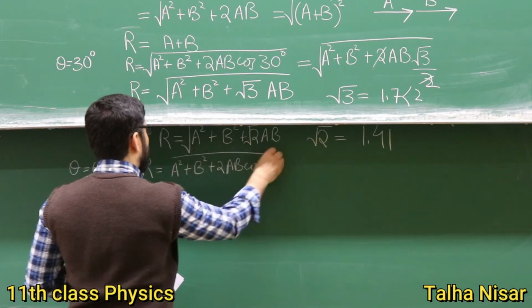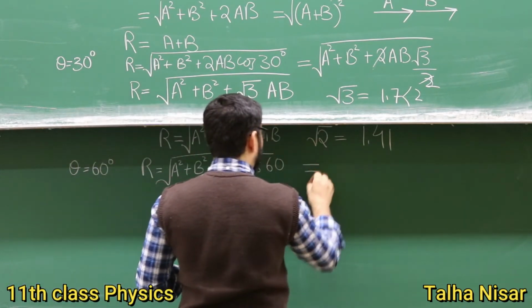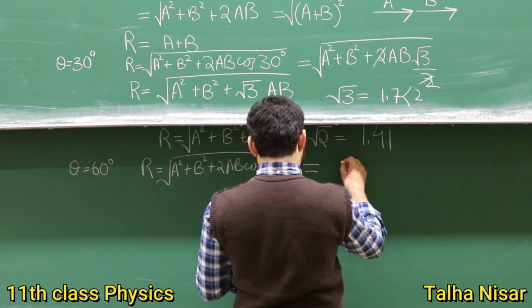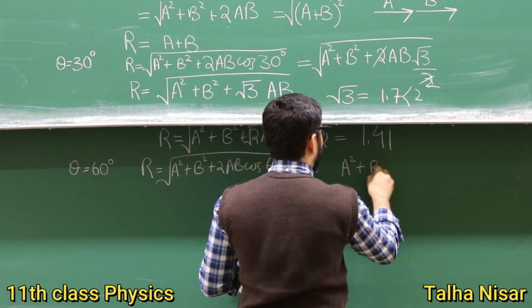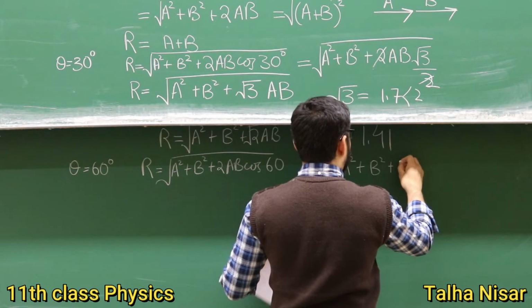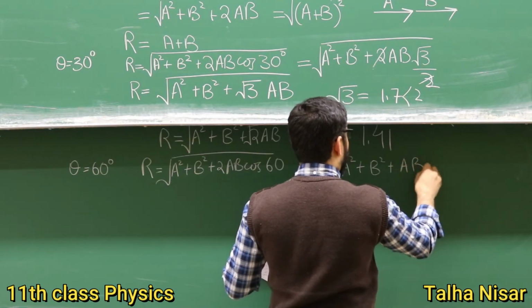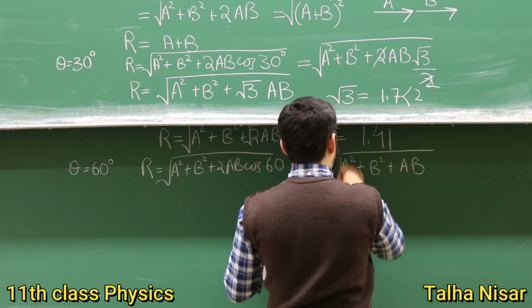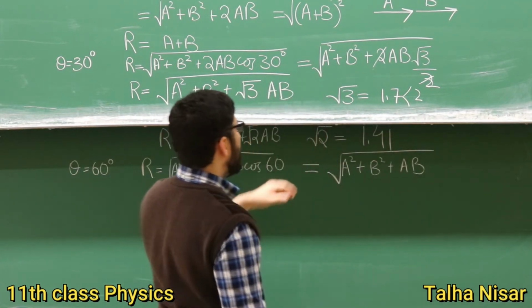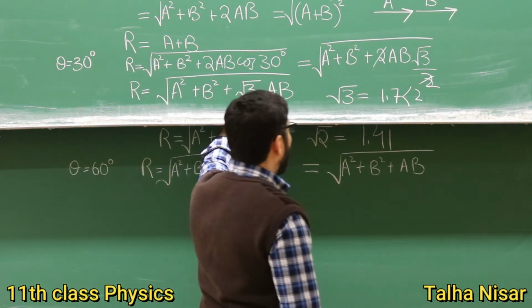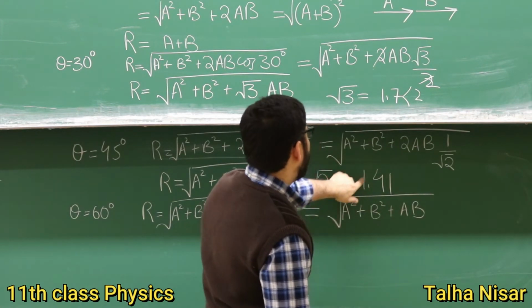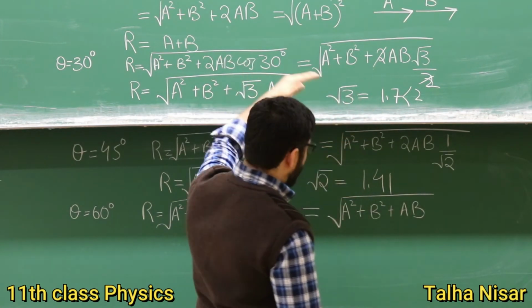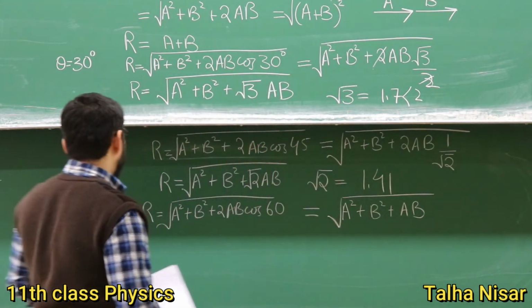I will write the final answer here: a squared plus b squared plus ab. So now it's even lower than 1.4. Here it is 1, and before it was 1.4, 1.7 and 2. So it's further going down.